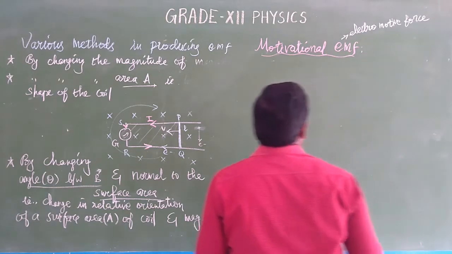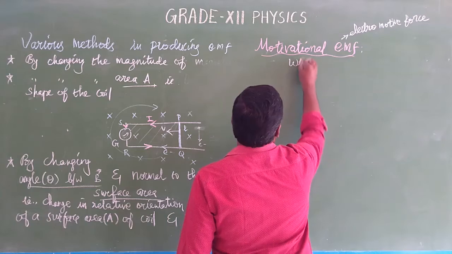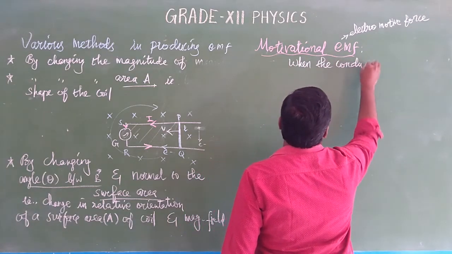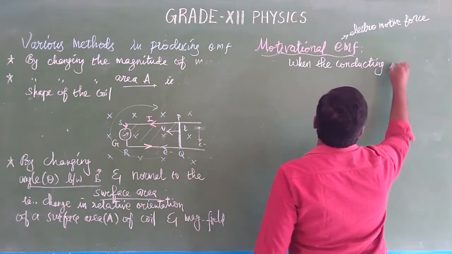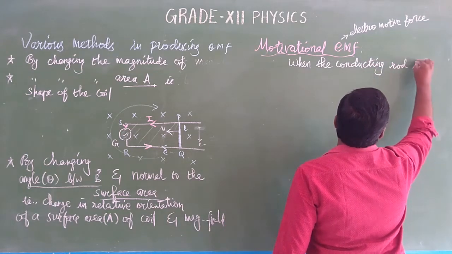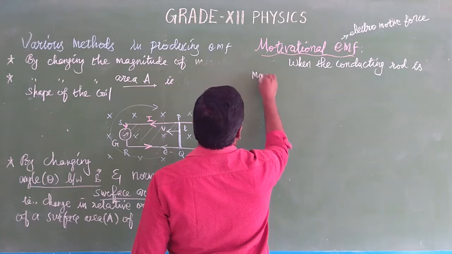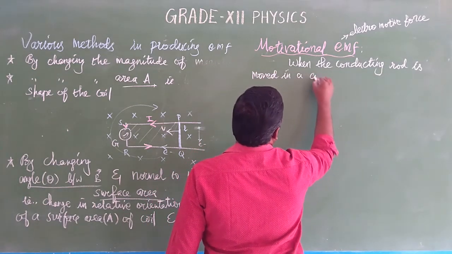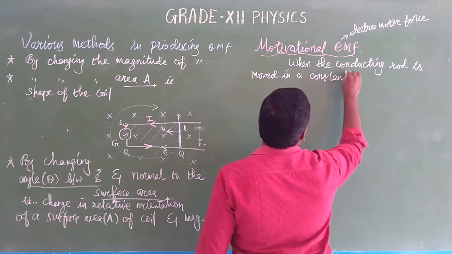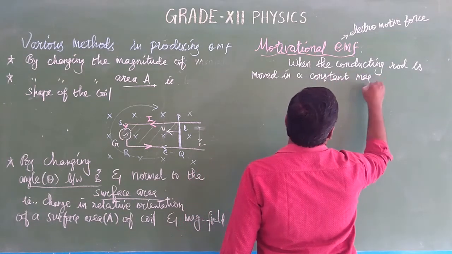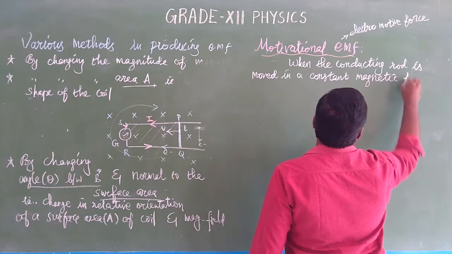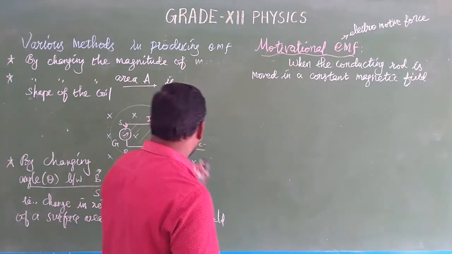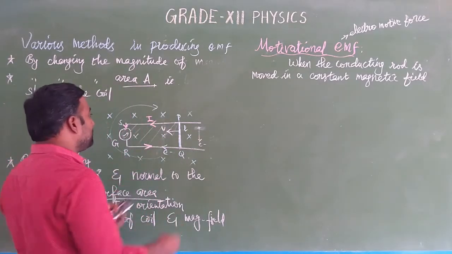It is nothing but when the conducting rod is moved in a constant magnetic field, what happens? If the conducting rod is moved in a constant magnetic field, an EMF is induced.